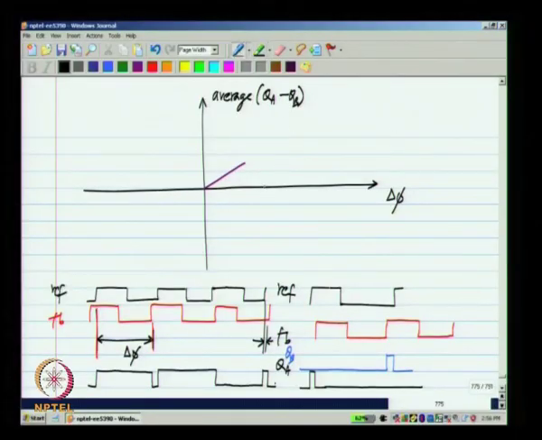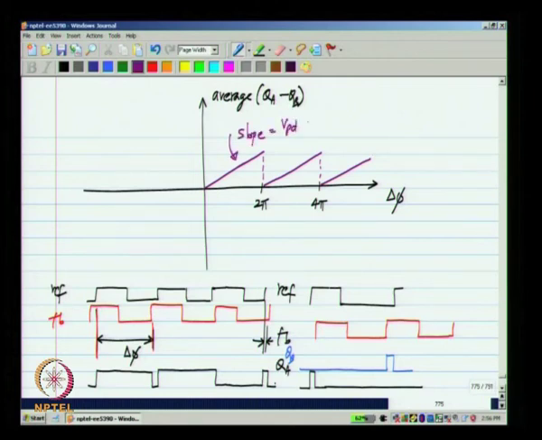So, up to delta phi equals 2 pi, the output will go on increasing and then immediately jump to 0, and it will go on increasing if you further increase it, and so on, at 4 pi etc. So, the inherent property of the phase being modulo 2 pi makes the characteristic of the phase detector periodic with a period 2 pi.